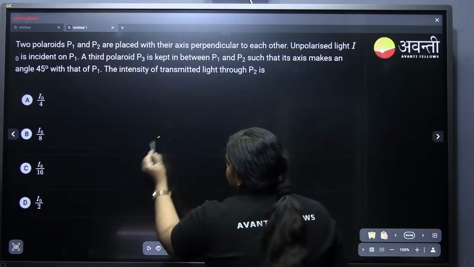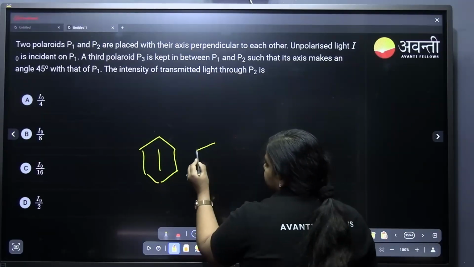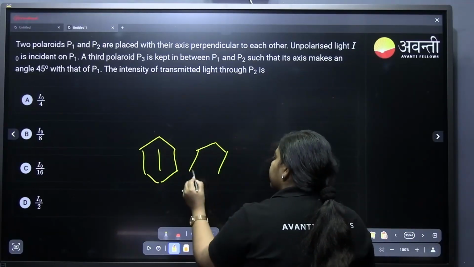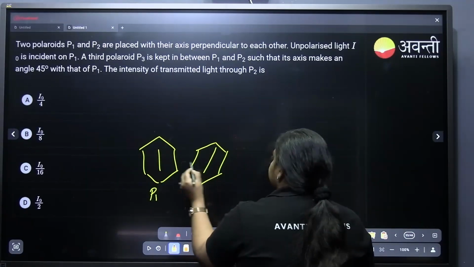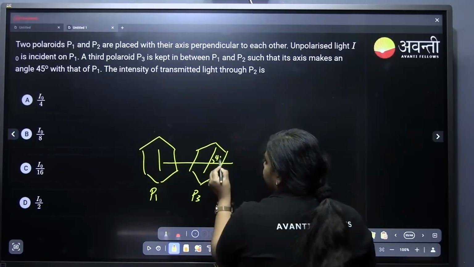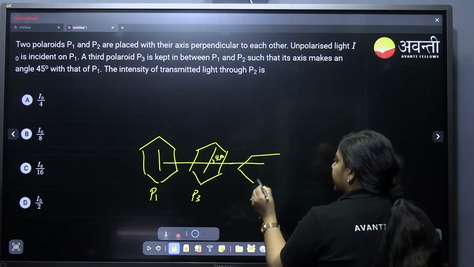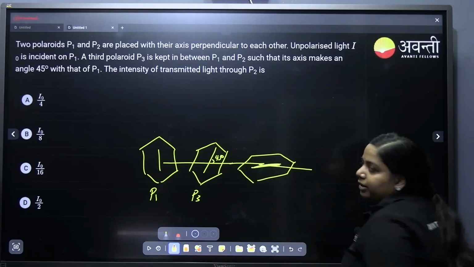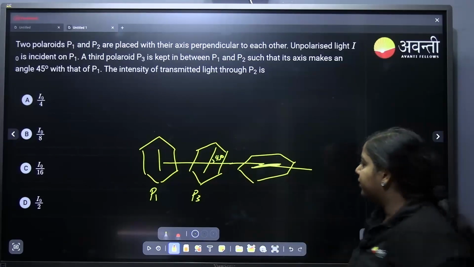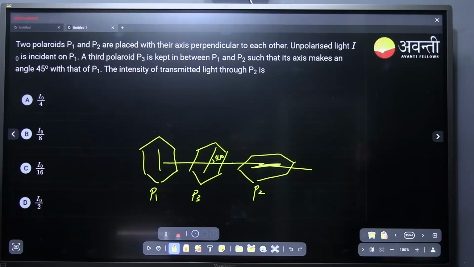So this is P1, then there is another polarizer P3 at 45 degrees, and another polarizer which is perpendicular to P1. This is P2. Now what is given? It makes an angle of 45 degrees.